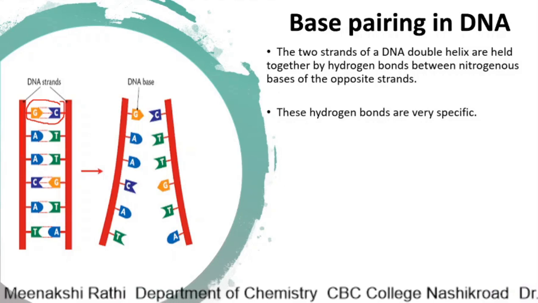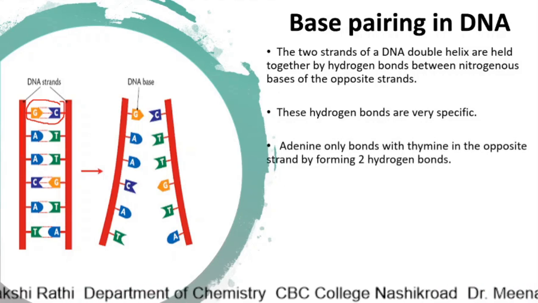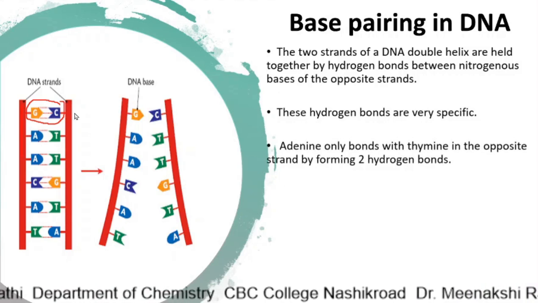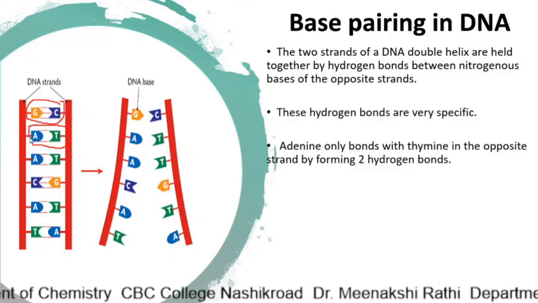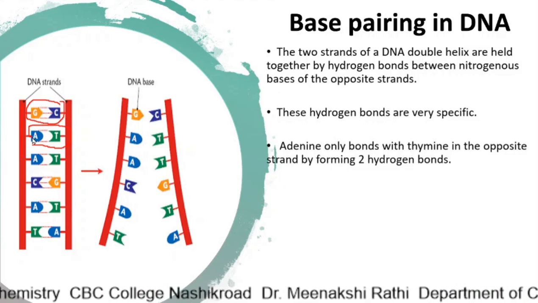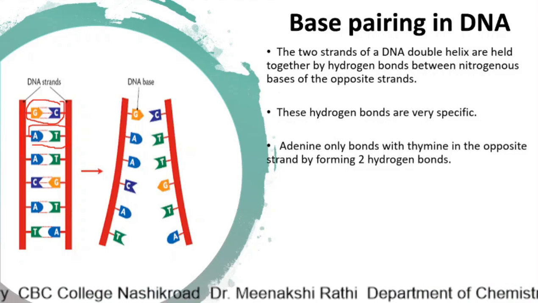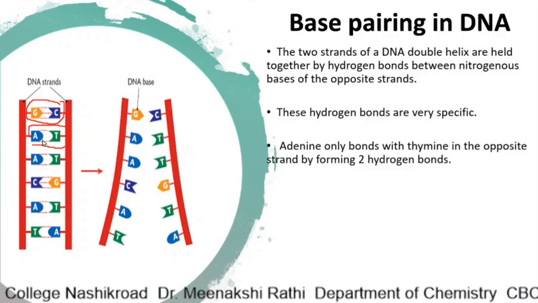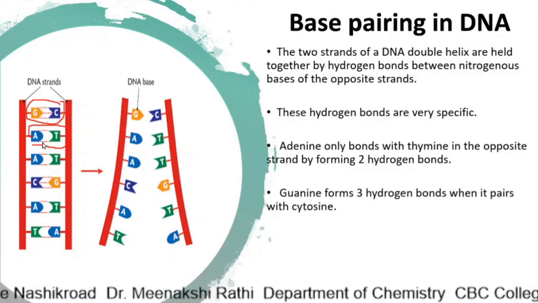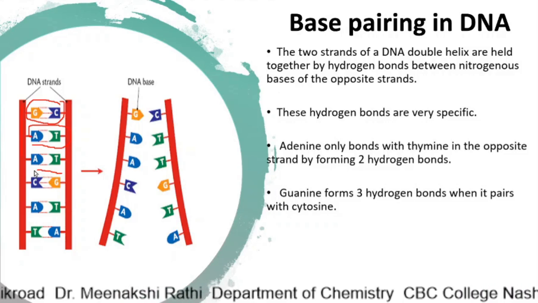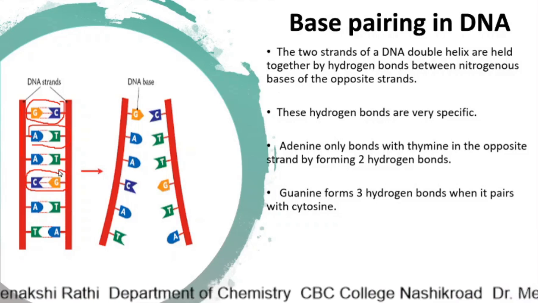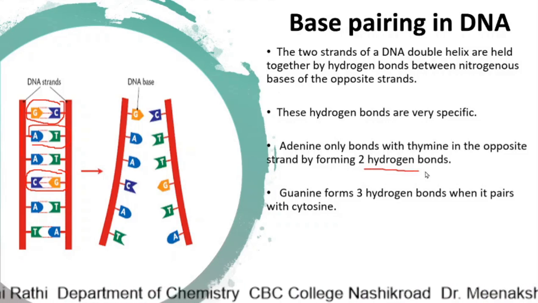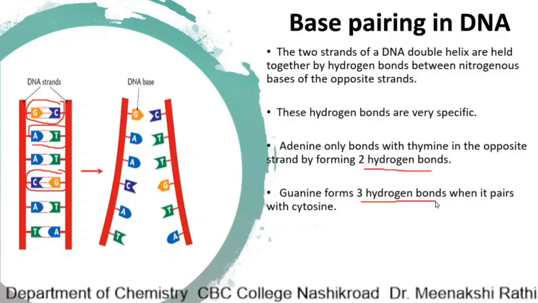These hydrogen bonds are very specific. Adenine can bond with thymine of the opposite strand, and here it forms two hydrogen bonds. While guanine, it can form bond with cytosine of other strand and it can form three hydrogen bonds.